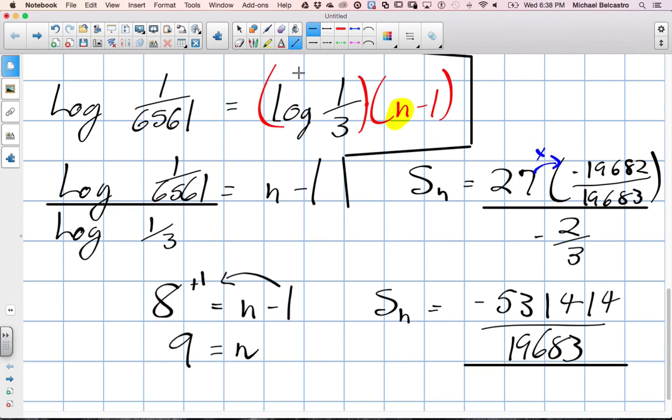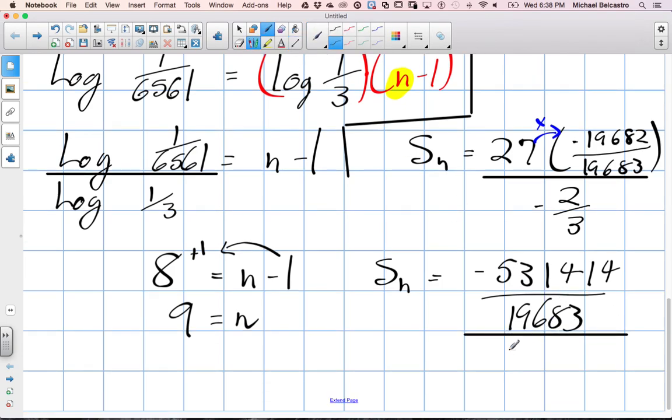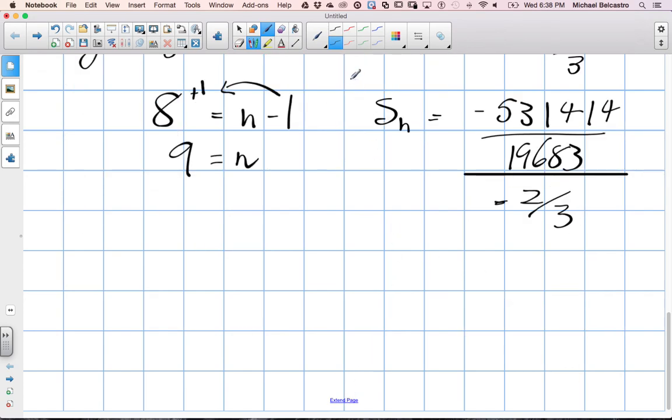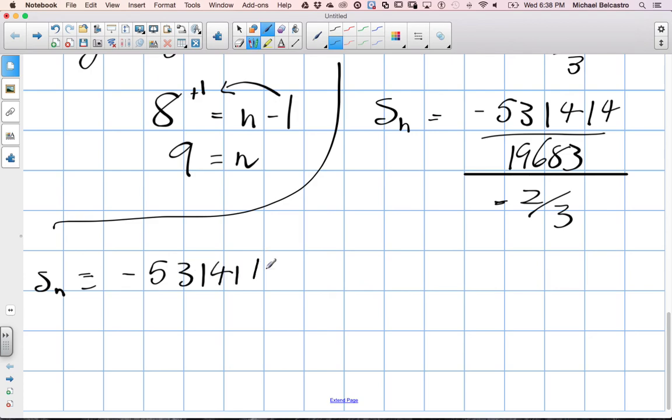So we have two fractions divided by each other. Negative 2 over 3. So it'll probably be easiest, and now we have some room over here, to think of it as writing it the way we would have in elementary school. So we have the two fractions beside each other. 531,414 divided by 19,683.